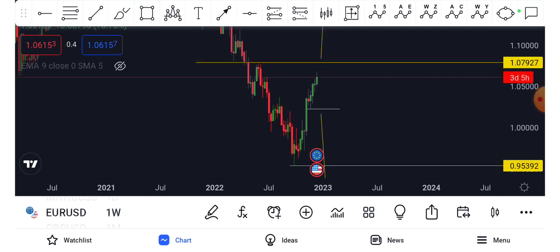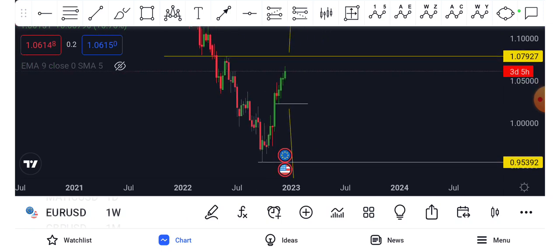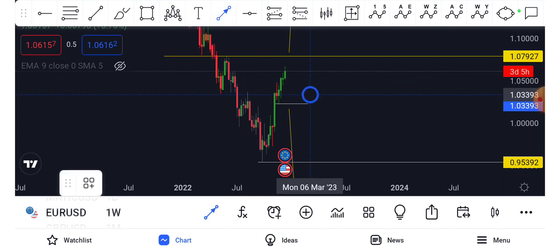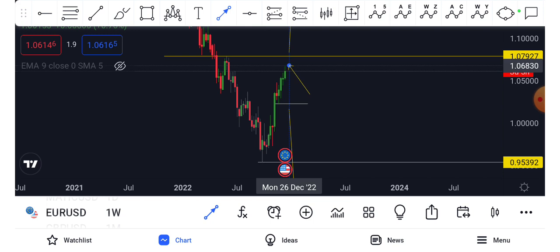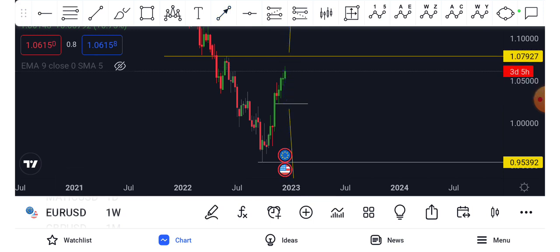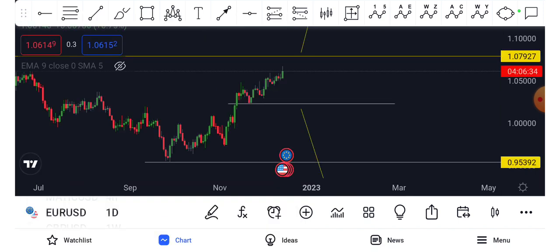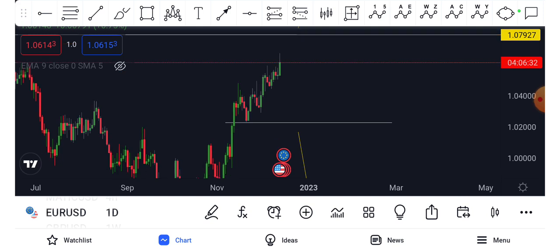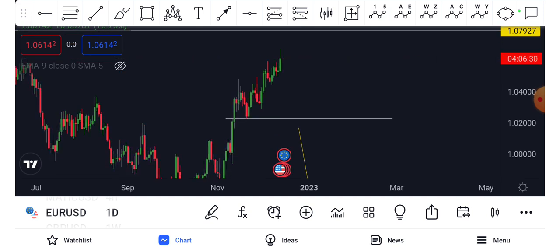Now, if you're so curious and you want to really know what's going to happen going forward, well, let me show you what's going to happen. Now, you scale down to the daily time frame. Scaling down to the daily time frame, you will observe something very, very important.